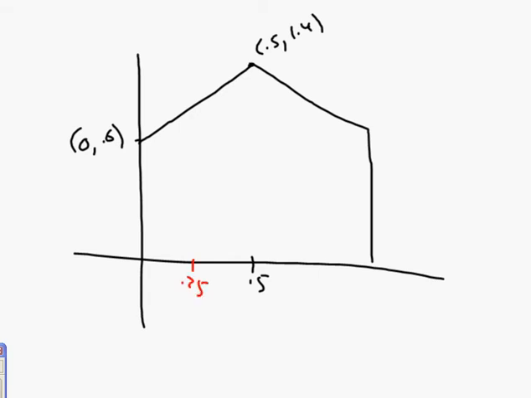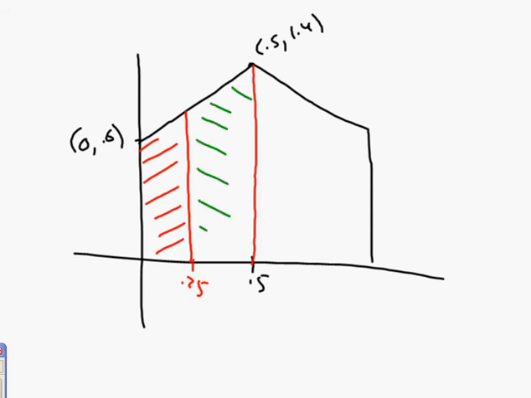The reason you know that is if you draw a vertical line up, and then you look at the area on either side of this, the area on the left compared to the area on the right, the area on the right is bigger. So this cannot be the quartile. You're going to pick a reasonable place for it. We know we need this green area to get smaller while the red area gets bigger.